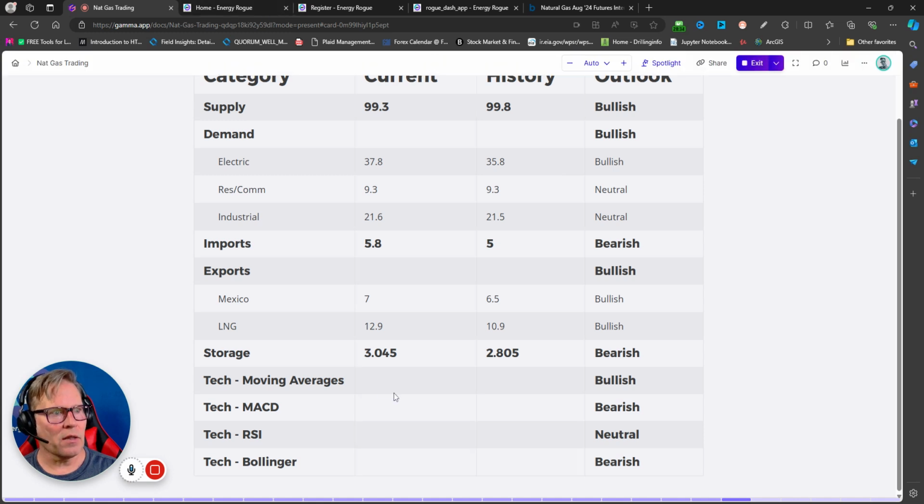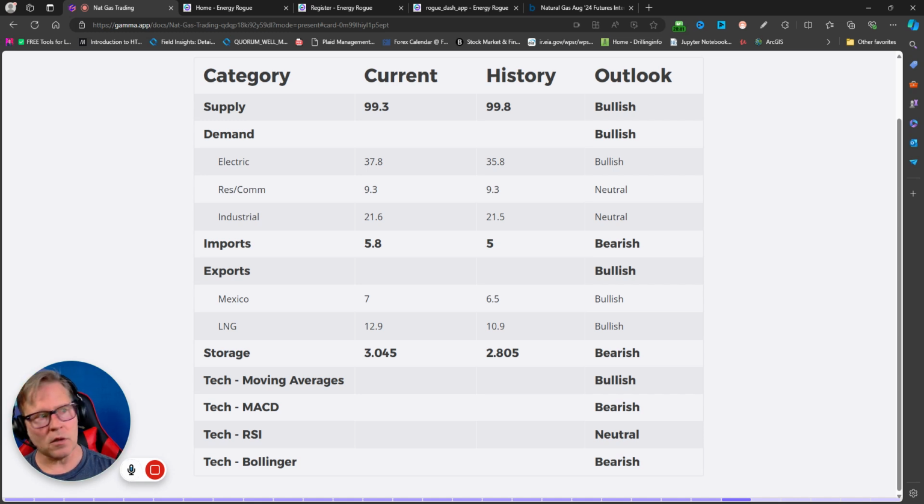And this is super important for you to follow this and look at supply, look at demand, look at imports, exports, storage, and then I'm choosing moving averages, MACD, RSI, Bollinger. You may have 4 different ones or 2 different ones or 10 different ones. Come up with your list of your favorites.